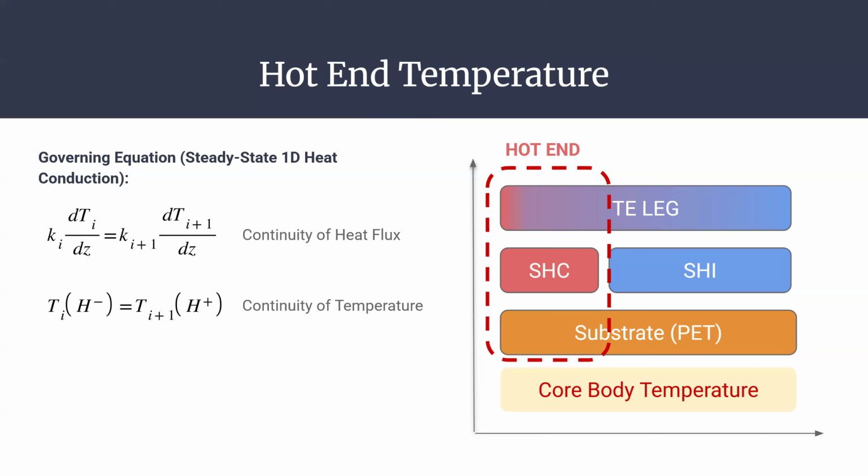The next boundary condition that we use is continuity of temperature, which is simply that the temperature on one side of the interface is equal to the temperature on the other side of a material interface. And those two boundary conditions also allow us to have enough parameters to set up the linear system in the next slide.